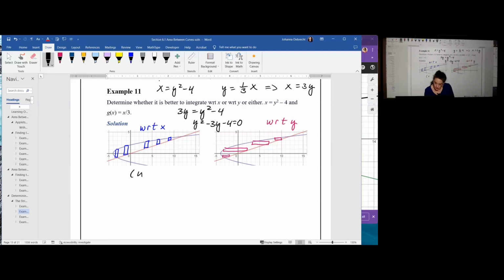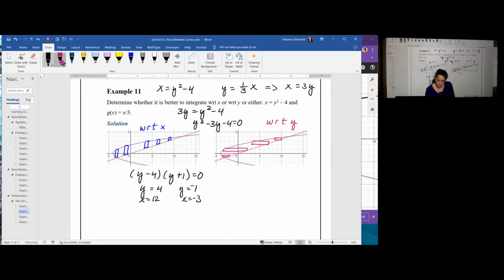It factors to give me y minus 4 times y plus 1. This gives me two y values, 4 and -1. Then I can use my equation for x, the simpler one, 3 times y, to find the x coordinates that correspond to that. In this case, I would get 12 and -3.